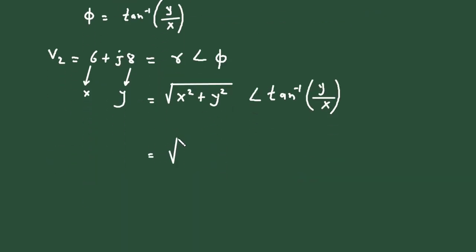Now here x value is 6, so 6 square plus y value is 8, so 8 square at an angle tan inverse of 8 by 6.